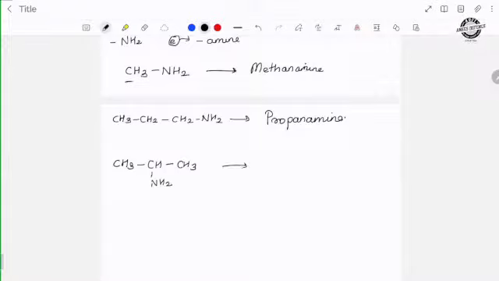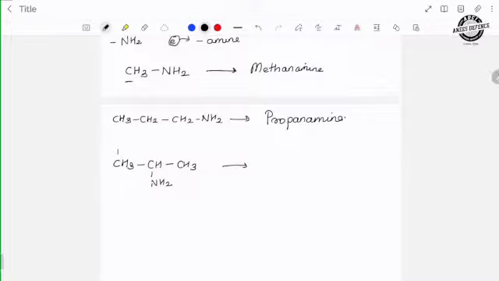Next question. CH3CHCH3NH2. Again, this is also propane, it also consists of three carbons, but you can't write propanamine directly. When you compare it with the above structure, the amine is present at the first carbon, but in the second structure, the amine is present at the second carbon. So you have to specify the amine's position as well.